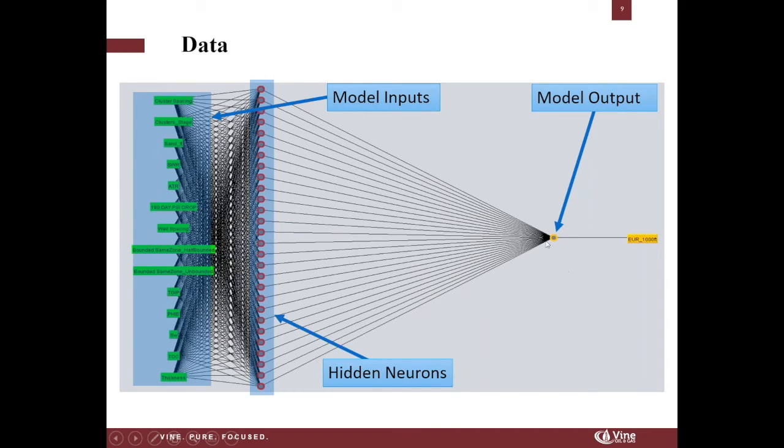So for example, if on the first iteration, my EUR per 1,000 feet turns out to be 2 BCF per 1,000 feet, and the actual was 1.5, the model goes back, it back propagates into this hidden layer, and it changes the weights of these neurons, updates those weights and runs it again, and now you have a new EUR per 1,000 feet.